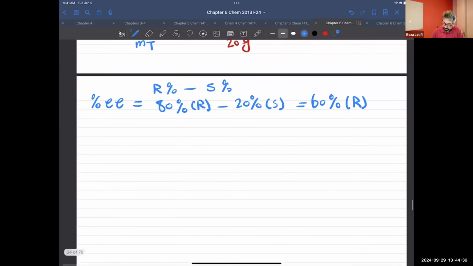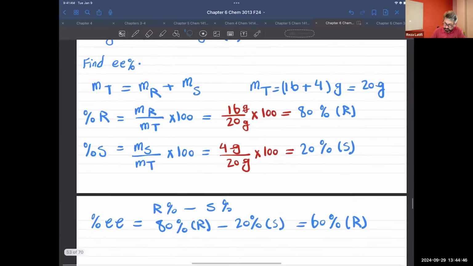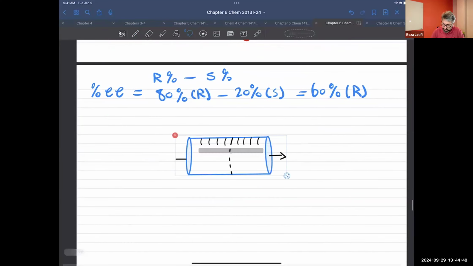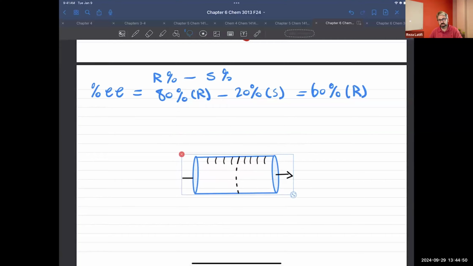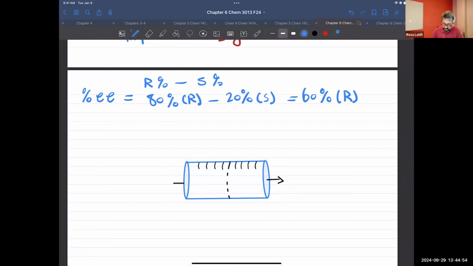Okay, so again, let's try to present the meaning of the enantiomeric excess. We said we have 80%, so I'm going to say this is 80%.